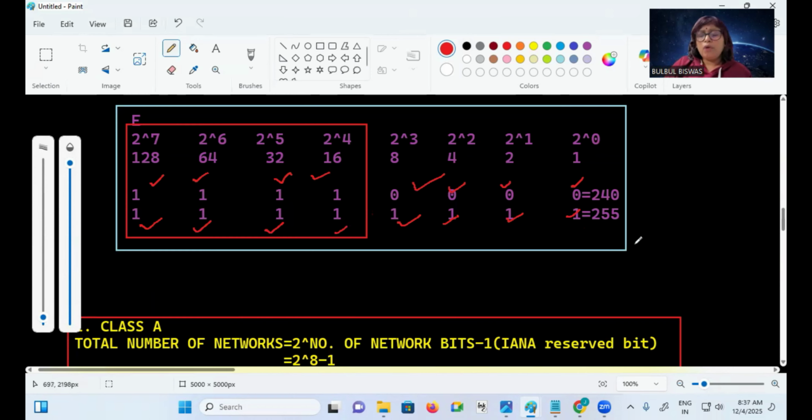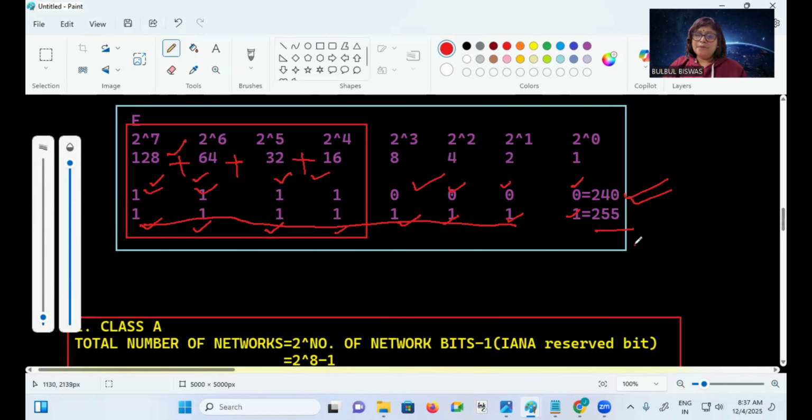So if we want to convert it into decimal, these 4 are 1, meaning 128 plus 64 plus 32 plus 16, which is 240. And in the last octet, every bit becomes 1, which means 255.